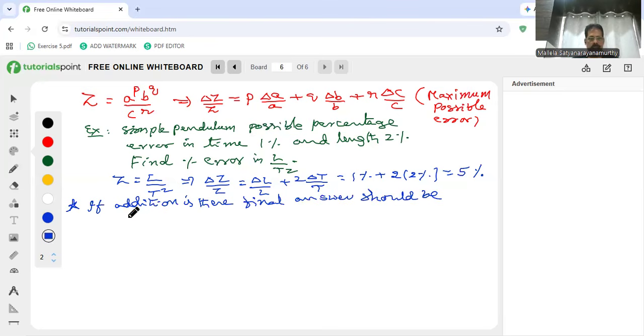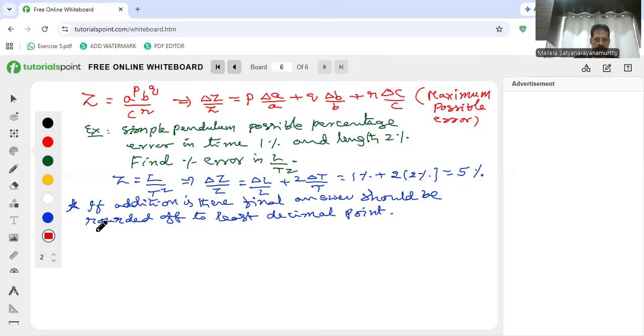This problem was given in 2025. Final answer rounded off to the least decimal point. Very, very, very important.